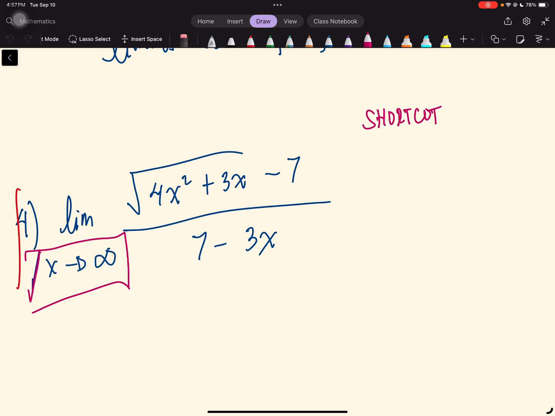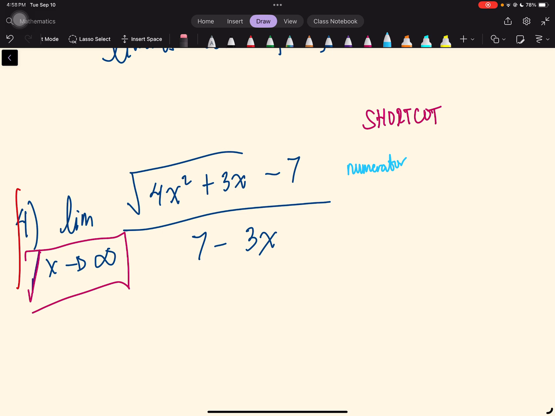I would observe the highest degree. Like, ayun naman lagi first step, di ba? I would observe the highest degree and then its coefficient. Both numerator and denominator. I will inspect both of them. So for the numerator, let's focus muna sa numerator. Okay? What is our highest degree?